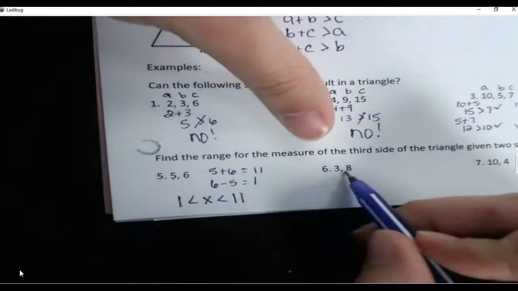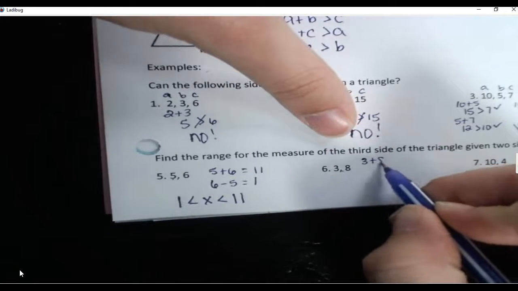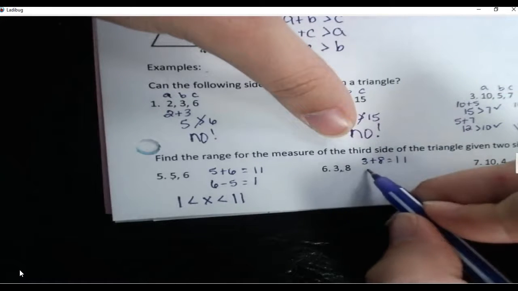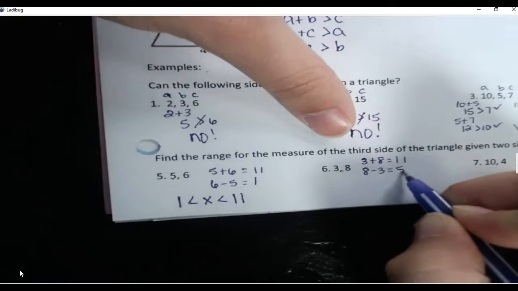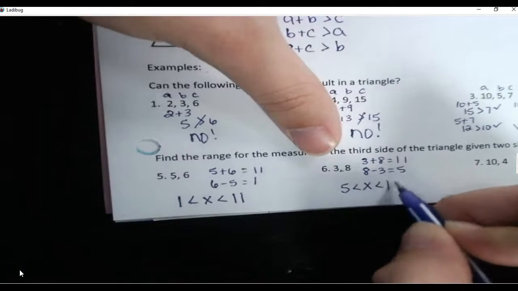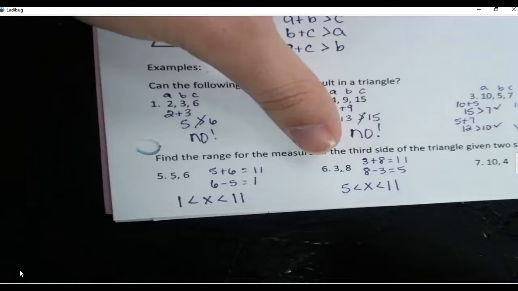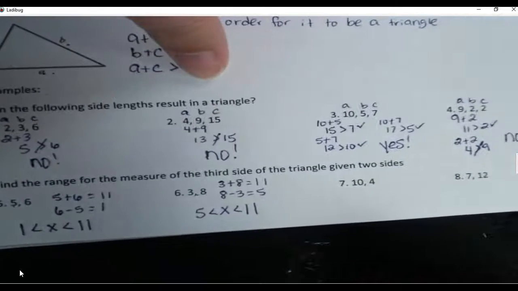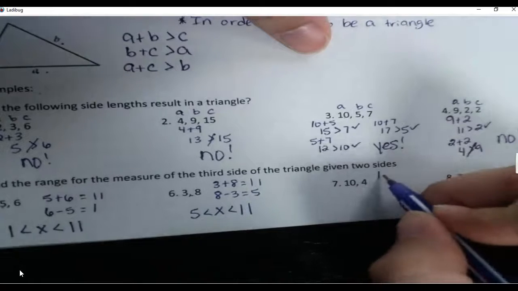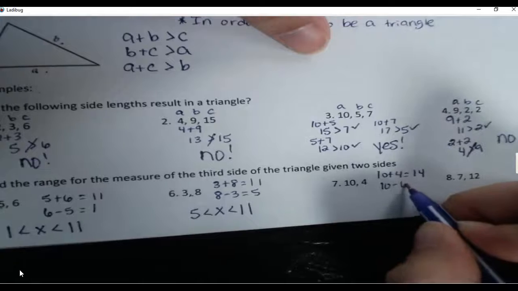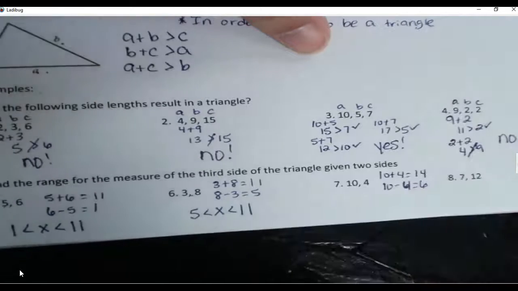So let's look at our next one. So for 3 and 8, we do 3 plus 8 is 11. And then we do 8 minus 3 is 5. So then our side has to be between 5 and 11. So then 7, we add them, so 10 plus 4, 14, 10 minus 4, 6.